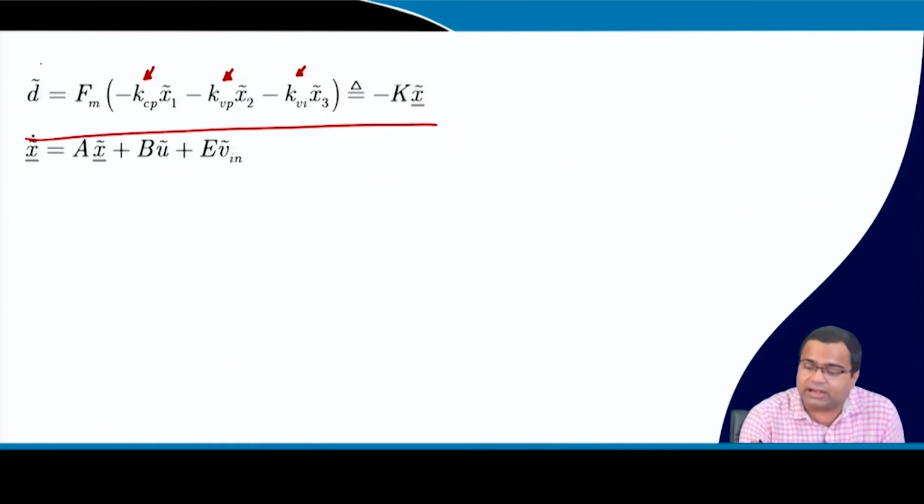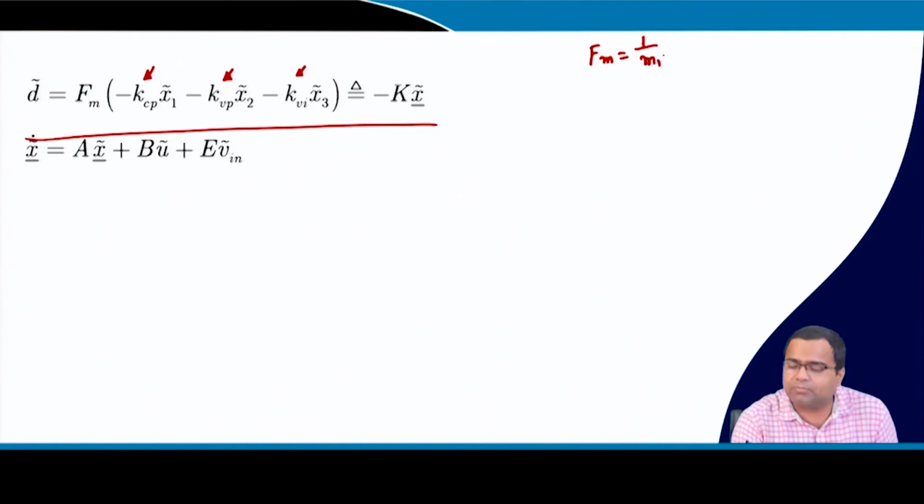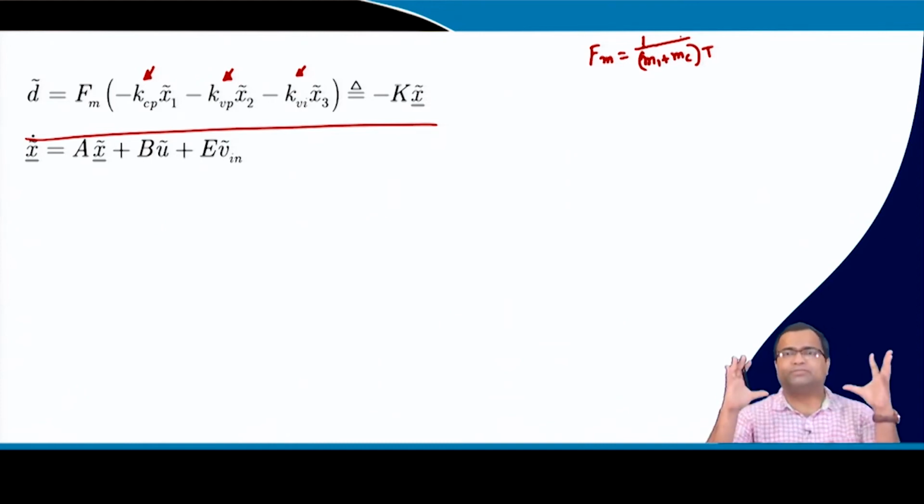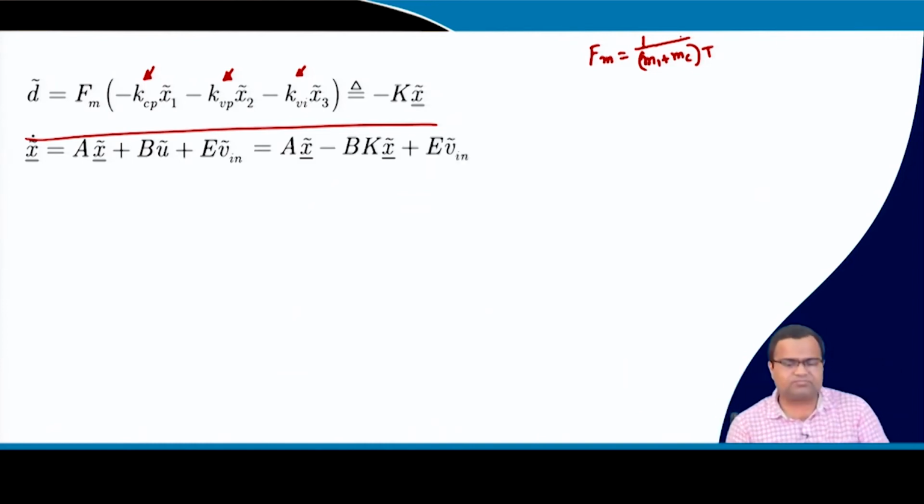And what is the modulator gain? We have chosen 1 by (M1 plus MC) into T in case of current mode control, where M1 is the rising slope of the inductor current and MC is the ramp. If you do not use a ramp, then it is 1 by M1T, the rising slope of the inductor current.